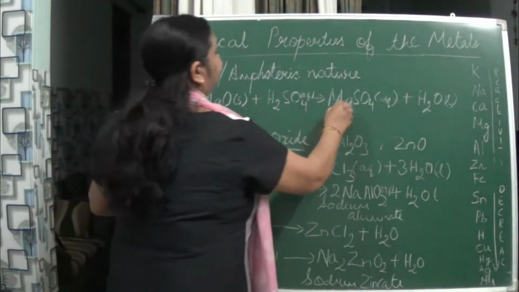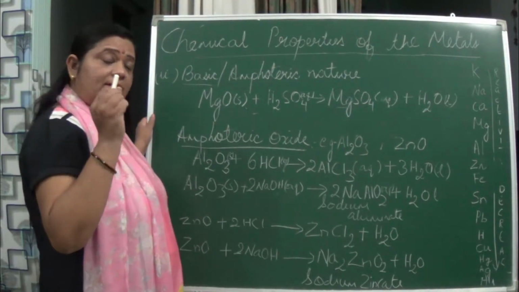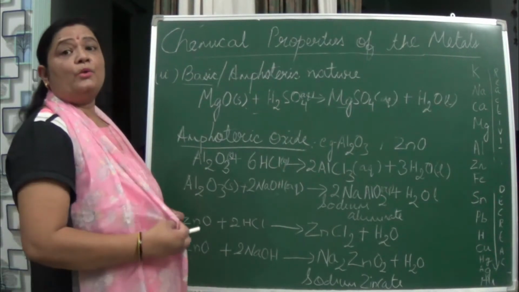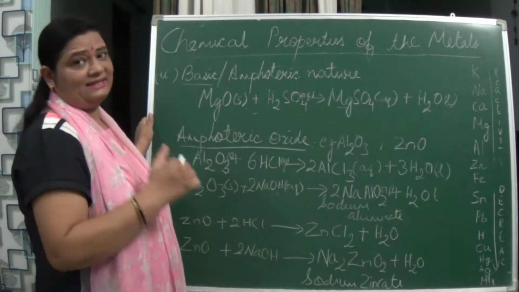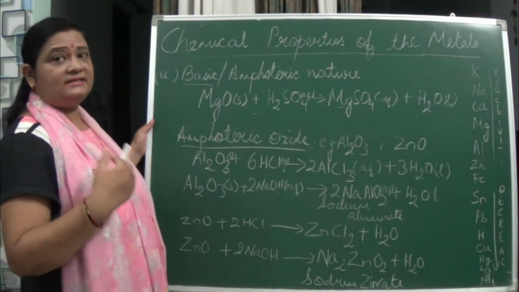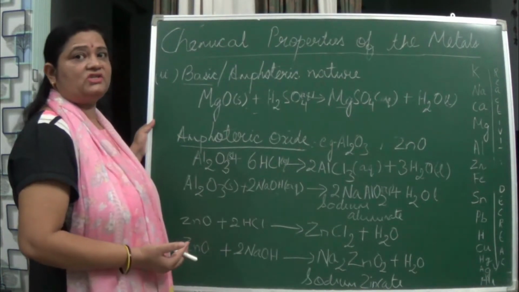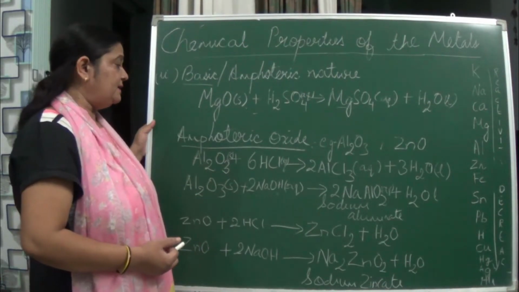Okay, but there are some other metallic oxides also which are basic as well as acidic in nature. How can we say? Actually, what happens when an acid reacts with a base, neutralization reaction takes place to form what? Salt and water, isn't it?